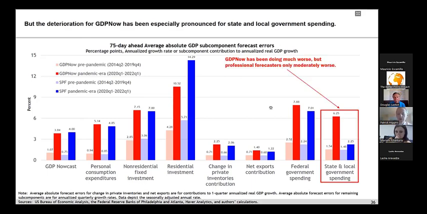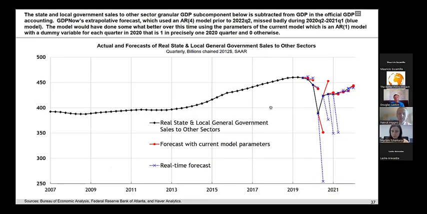The one weird one is state and local government spending. GDPNow did much worse after the pandemic than before, and the Survey of Professional Forecasters didn't do much worse. And there's just one crazy series, state and local government sales to other sectors.